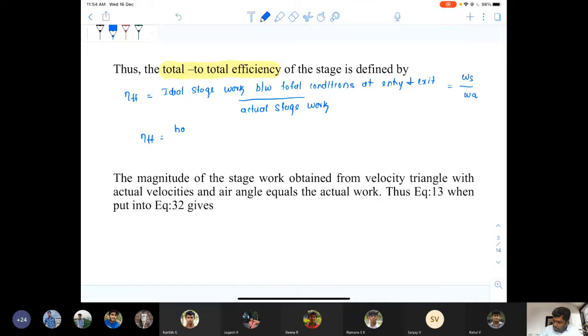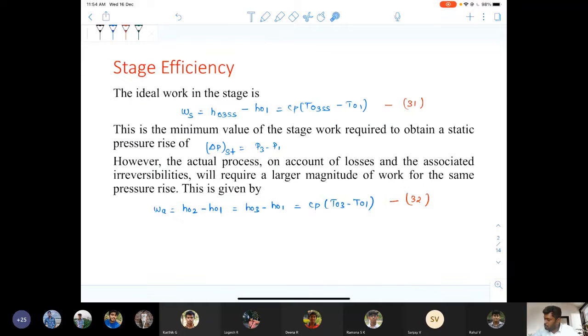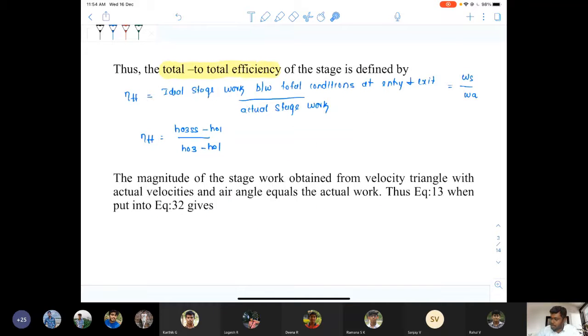h03ss minus h01 divided by h03 minus h01. That is, Ws is equal to h03ss minus h01, whereas Wa is equal to h03 minus h01. By substituting both values, you get eta TT is equal to h03ss minus h01 divided by h03 minus h01.